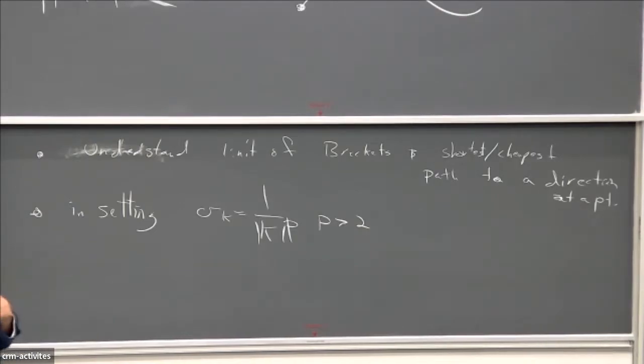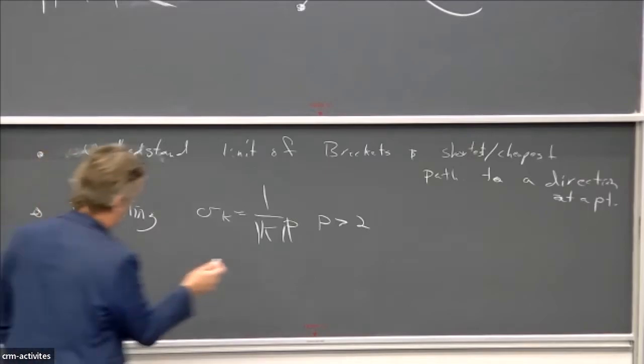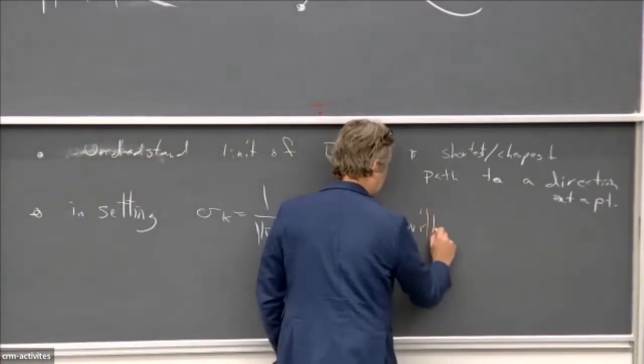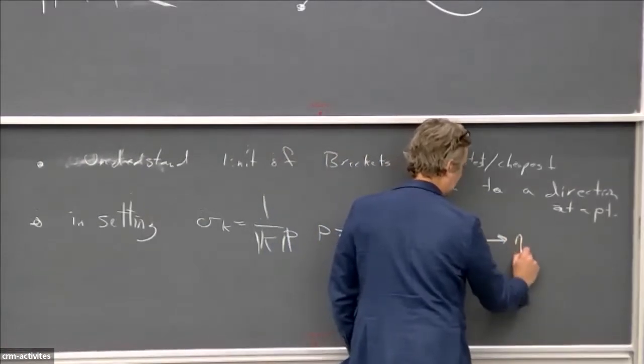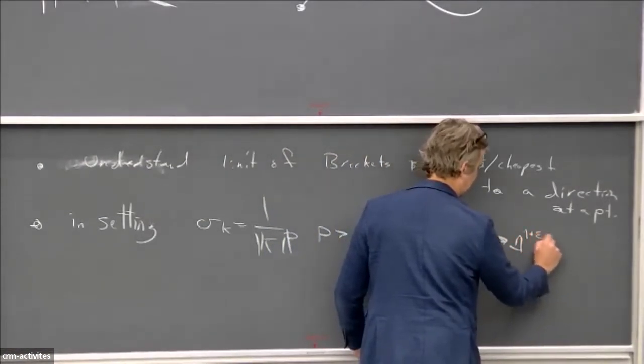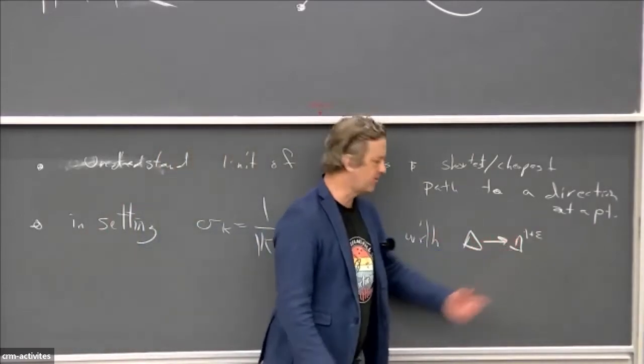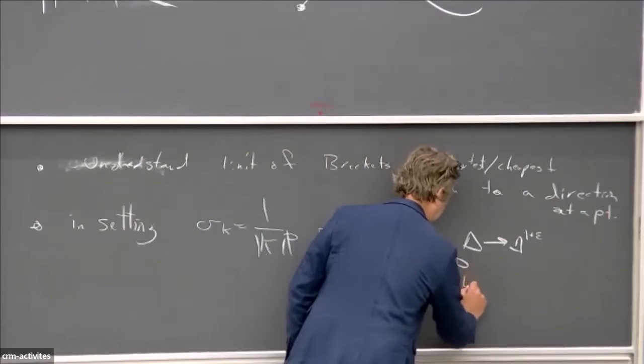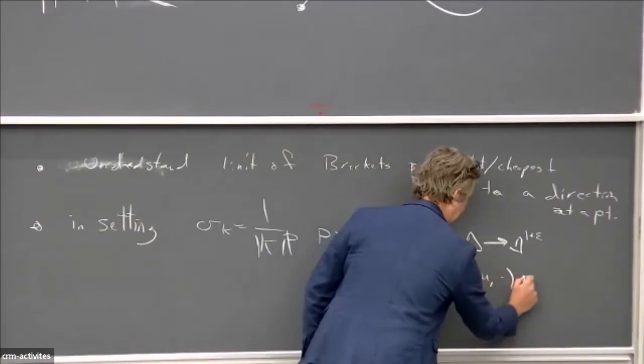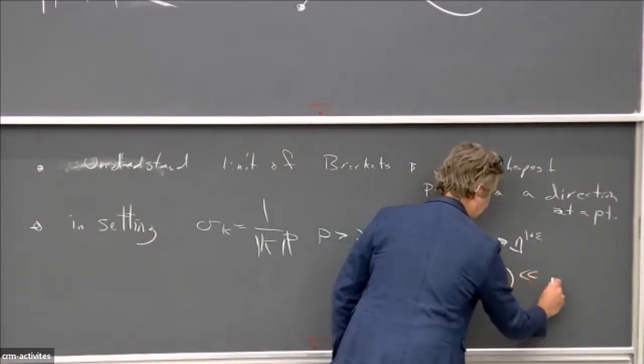So if I add a little bit of hyperviscosity, with the Laplacian going to the Laplacian to the 1 plus epsilon, then you can prove that P_t u dot, remember, was absolutely continuous with respect to the Gaussian.